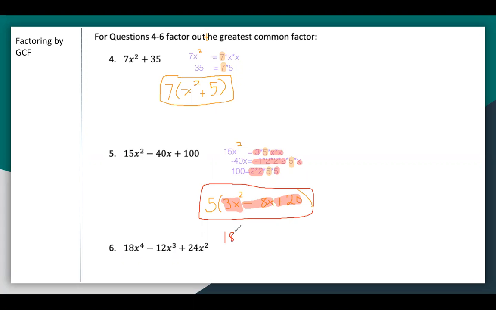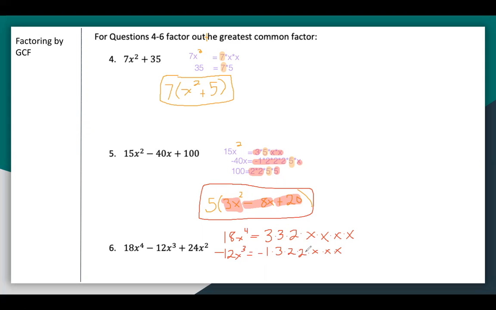states 18x to the 4th is equal to 9 times 2, but 9 is 3 times 3. So 3 times 3 times 2 times x times x times x times x. X times x times x times x is x to the 4th. And very similarly, negative 12x cubed is negative 1 times 3 times 2 times 2 times x times x times x.